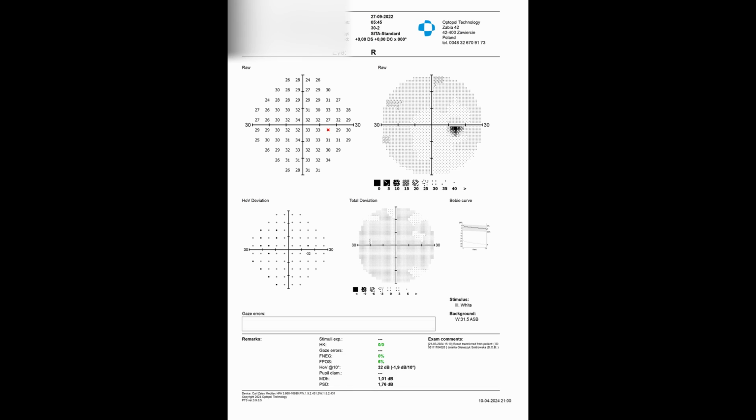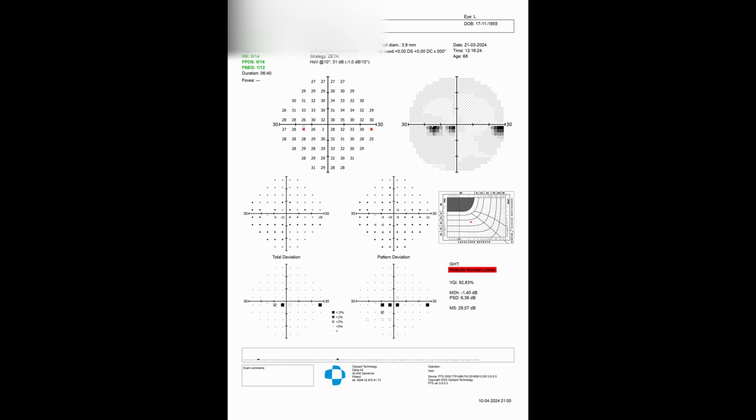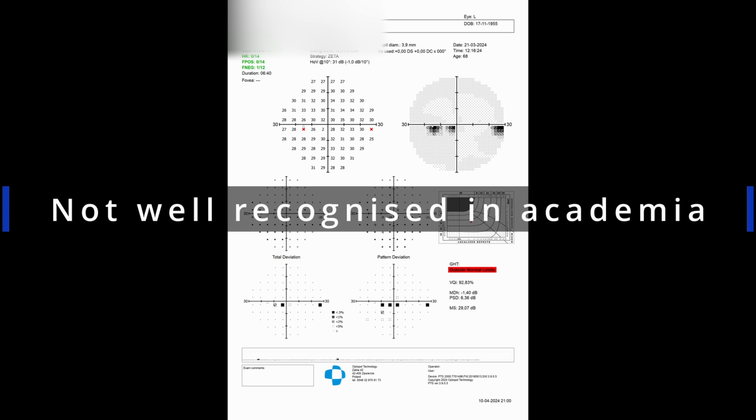Another problem is that if you are very focused on clinical trials, then you probably would be better off buying HFA, because HFA is the most commonly used perimeter in clinical trials, and most of the reading centers insist on having HFA results. The same story goes for science and research.